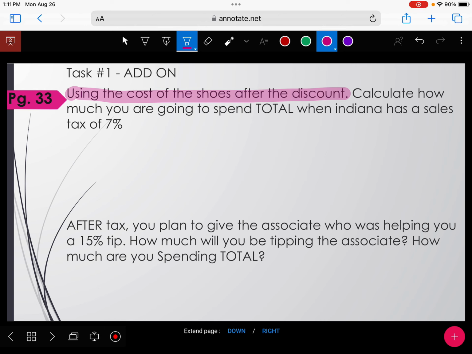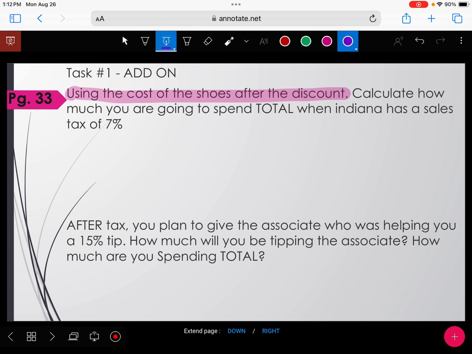I forgot to put it in back. So using the cost of shoes, we're taking one of the discounts, and then we're going to add tax. It's not on this add-on. I put this on there because we could do more with this to practice these percents, because they don't really give us the percent questions again very much.